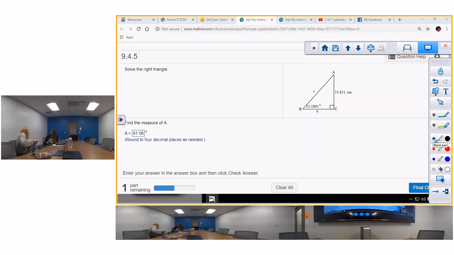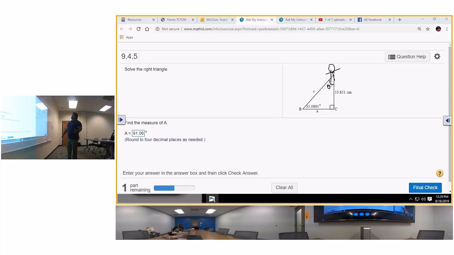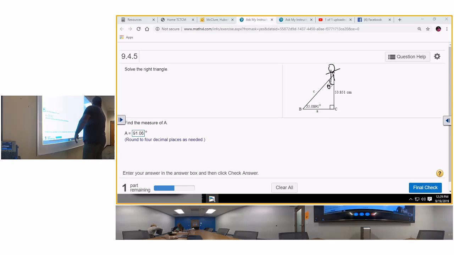Okay, here's my little man. That means I'm finding this angle. All right. In this case, you don't need to do anything except what? Subtract from 90, because this is 90. So we don't need that. We know that all triangles equal what? 180. So we know that 90 degrees is left.